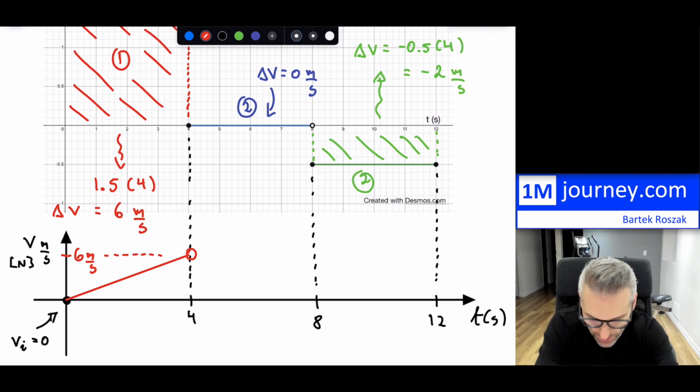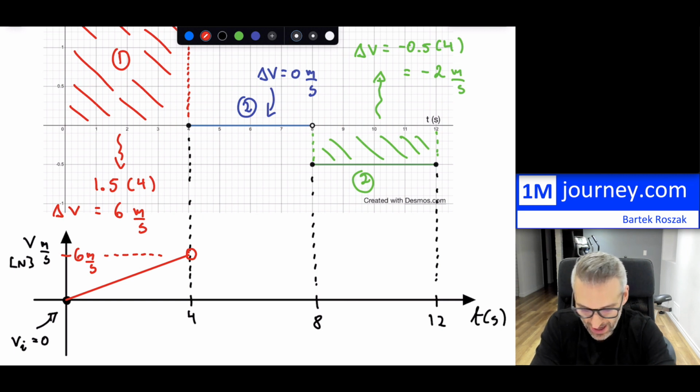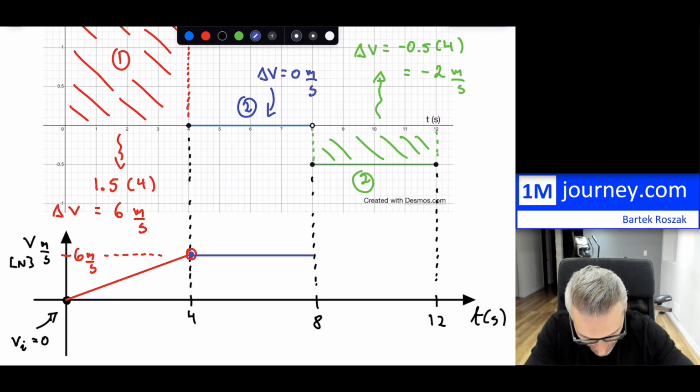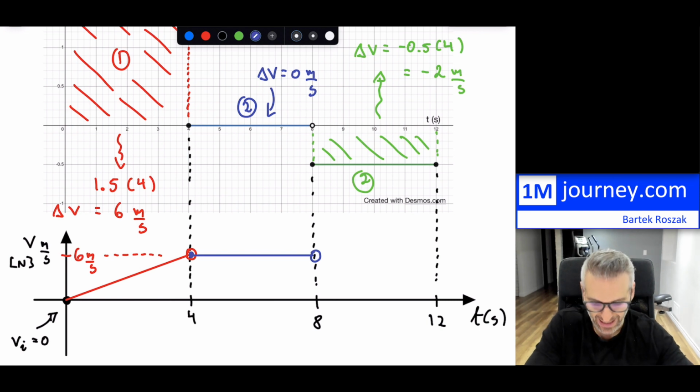And so as we continue on, now we have our initial. The change for the next one is 0. So it starts over here and it's not going to change at all. So within here, this remains at 6 meters per second because the change was 0. The area was 0. And then finally, for the last one, notice it's negative.